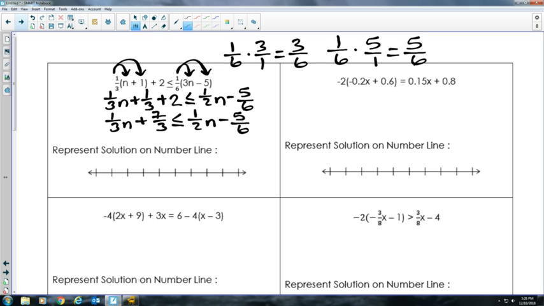Okay, move your variables to one side. So I'm going to subtract 1/3 n. I want to have a common denominator, so between 2 and 3, a common denominator would be 6. So I can change this to 3/6, and 1/3 with a common denominator of 6 would be 2/6. So 3/6 minus 2/6 is 1/6 n.